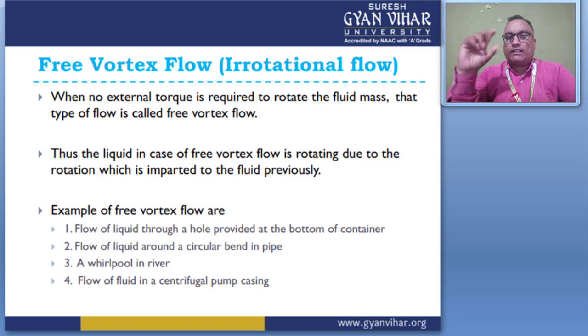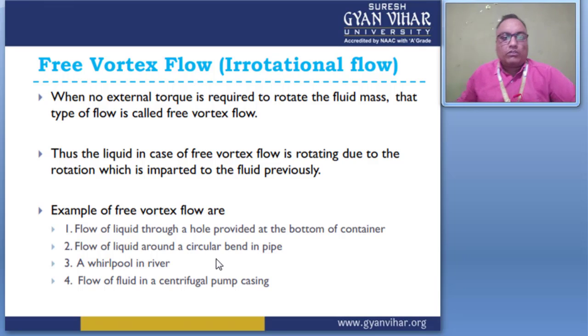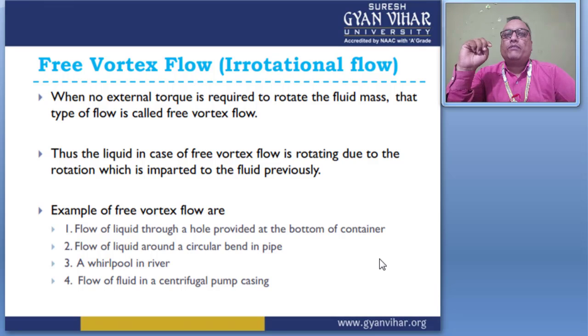Suddenly I press the beaker at the downside and make some hole, and this hole discharges the water at the downward side. For this case, flow of liquid through a hole provided at the bottom of the container, this creates a whirlpool inside the beaker, and this whirlpool is called the free vortex flow.